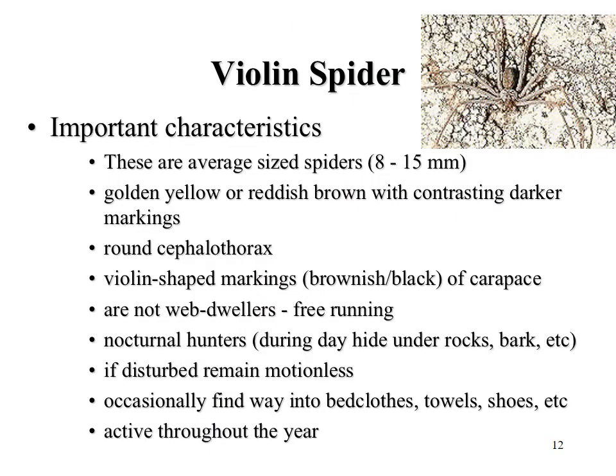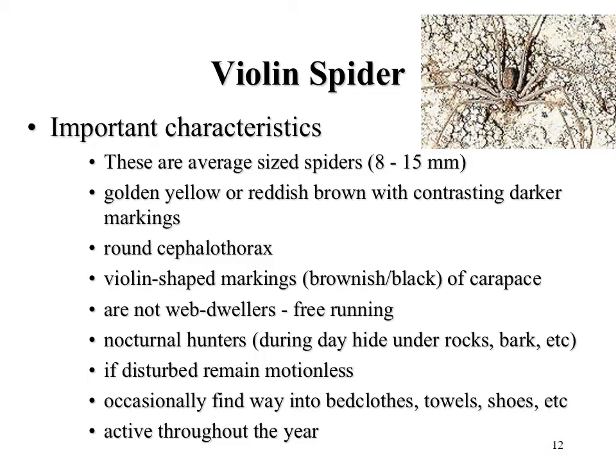Let's talk a bit about the first one, which is the violin spider. These are average size spiders going up to 1.5 centimeters. They're normally golden yellow or reddish brown with contrasting darker markings. They have a round cephalothorax and violin-shaped markings, and I'll show you in subsequent pictures.